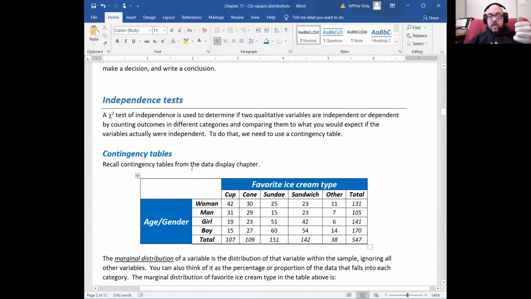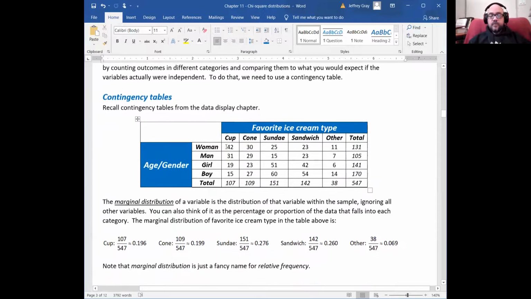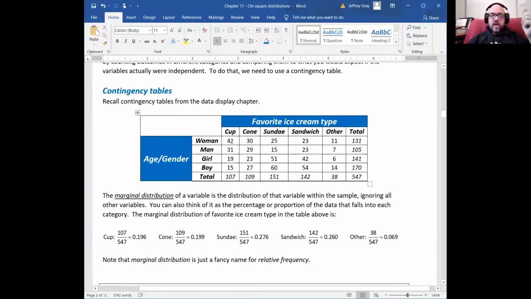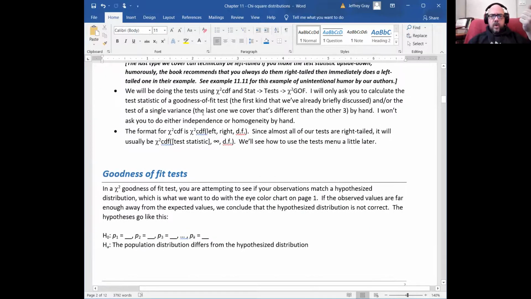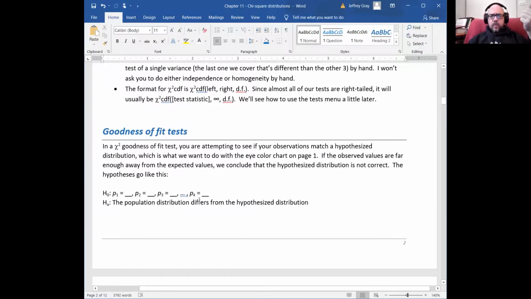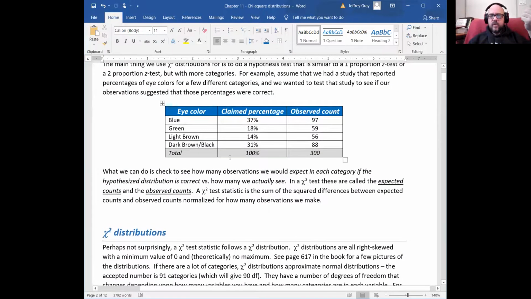Contrast that with a test of association or independence, which contrasts two things with each other, essentially, right? We can have two variables. Up here, we only have one variable. In the case of this first one, it was eye color, right? We have one variable and we're testing to see the distribution of that variable.